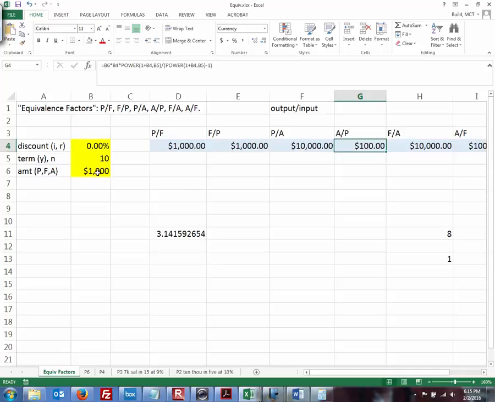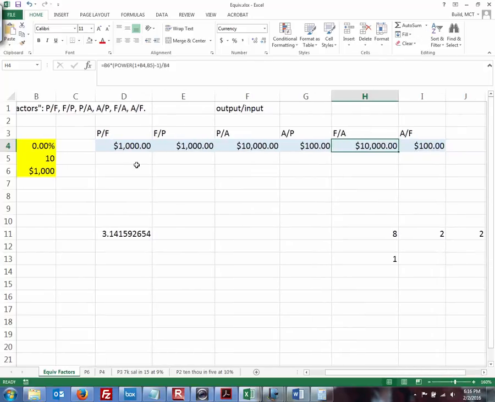If I'm going to give you $10,000 per year, that's the A, and there's no interest, you'll have $10,000 in 10 years. These are pretty cut and dried. Same thing here: if this is the future value, if you want $1,000 in 10 years with no interest, give me $100 a year. So that makes more sense.